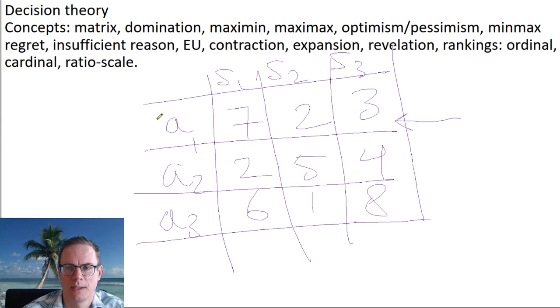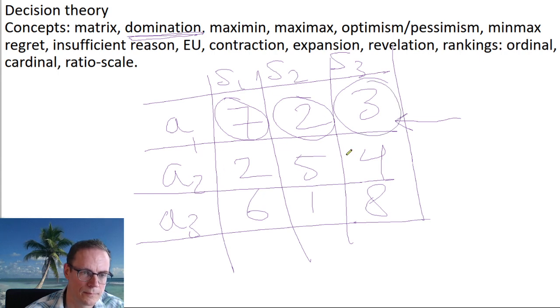Now, one of the most fundamental concepts is that of domination, which you also know from game theory. If there's a row where all the outcomes are at least as high as the outcomes in some other row, and one of them is higher, then that row dominates the other row.